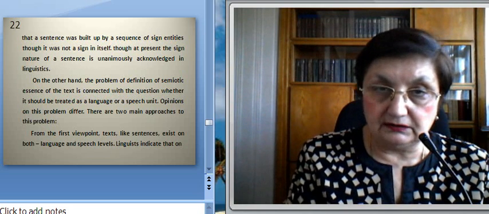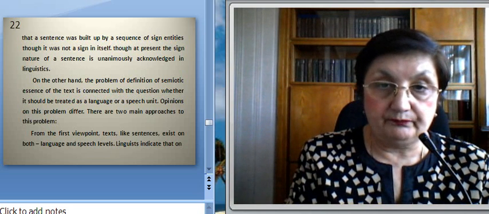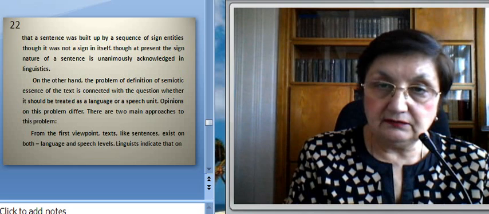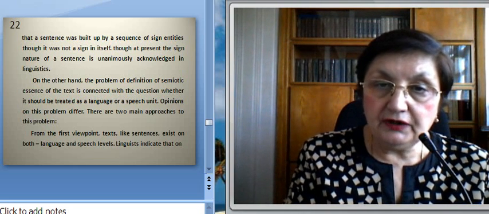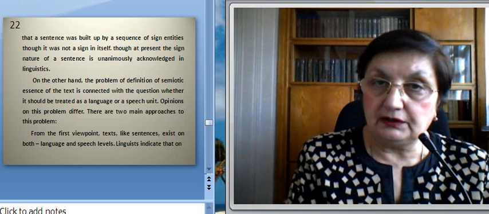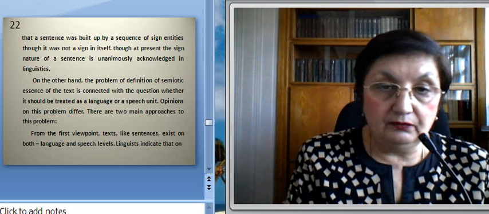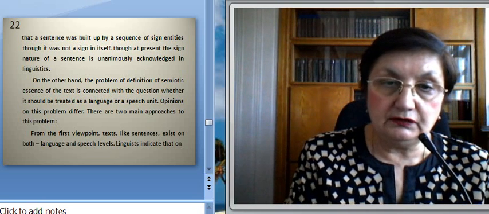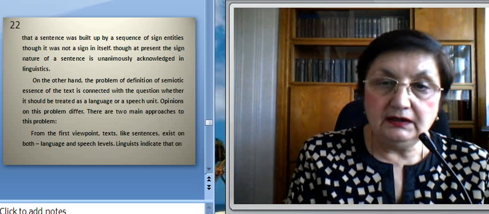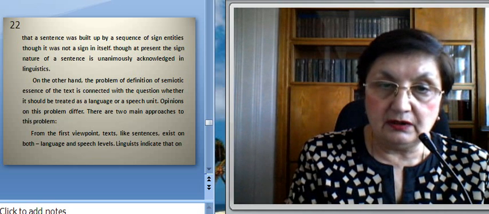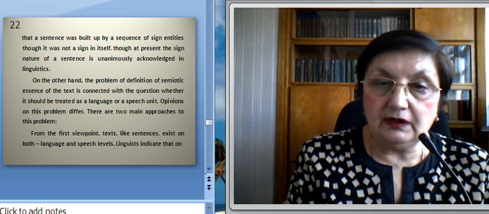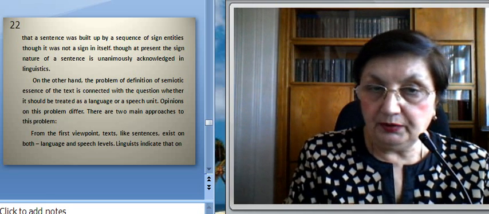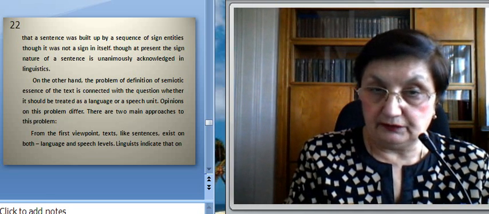On the other hand, the problem of definition of semiotic essence of the text is connected with the question whether it should be treated as a language or a speech unit. Opinions on this problem differ too. There are 2 main approaches to this problem. From the first viewpoint, texts, like sentences, exist on both language and speech levels.